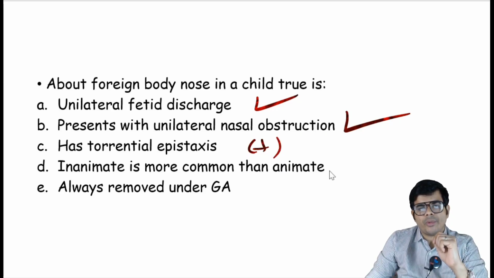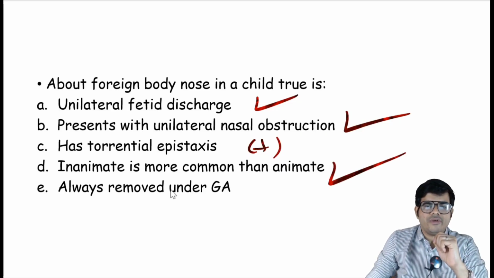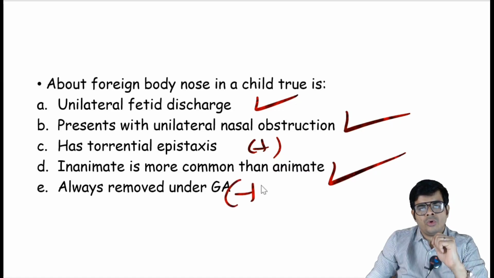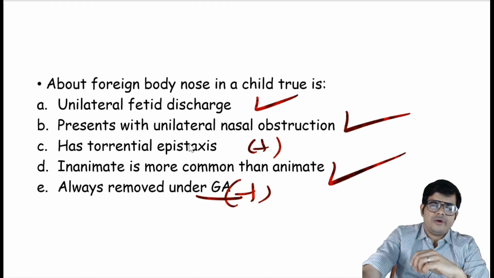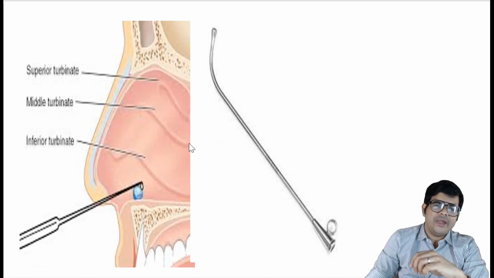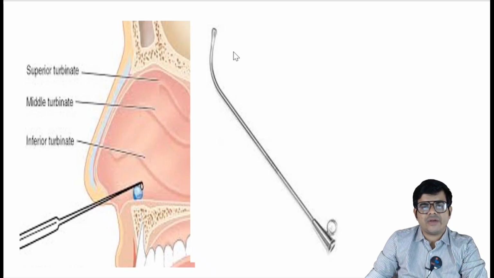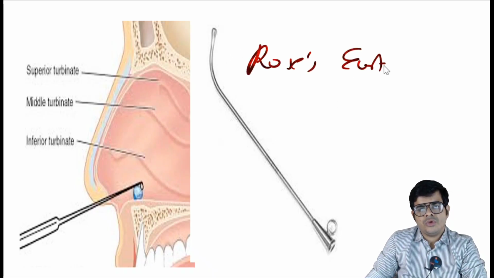Inanimate is more common than animate, that is true. Always removed under GA? No. When will you need a GA? If you find it difficult to remove the foreign body. When you are removing it from the OPD, how will you usually remove? The Rose's Eustachian tube catheter, which is used for catheterization, is usually used for this purpose as well.